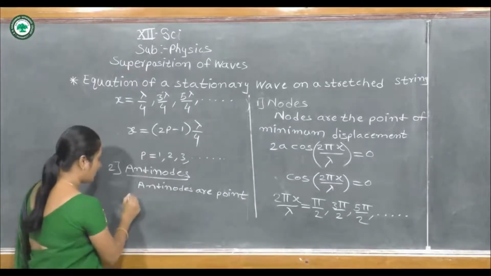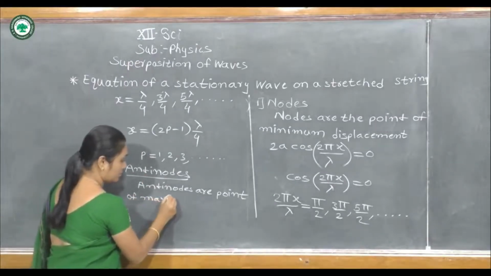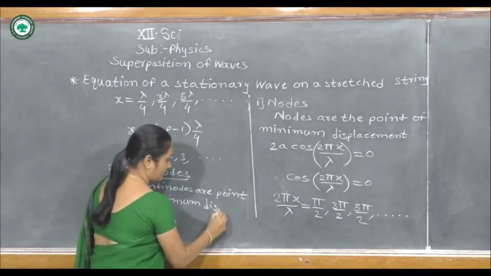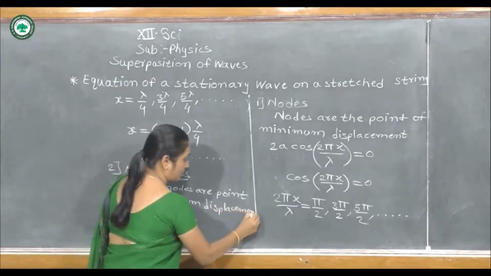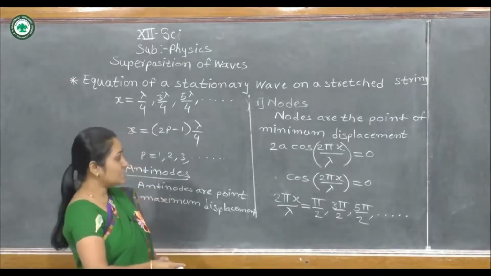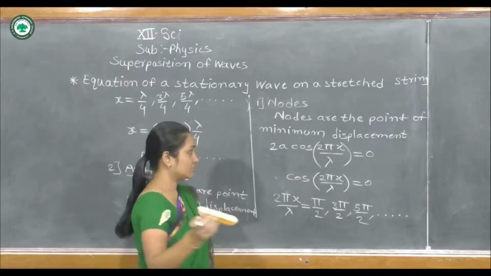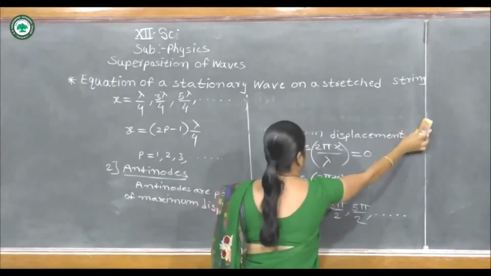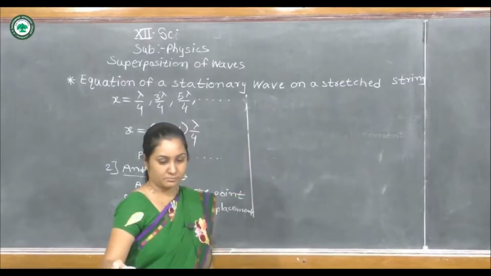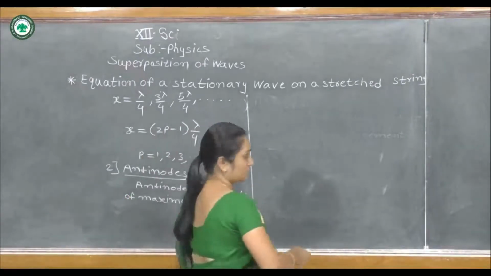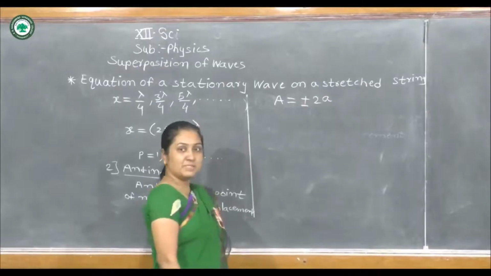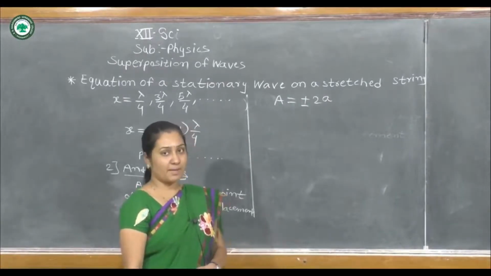Now we can consider the maximum displacement is equal to A, so the maximum displacement is A equal to plus or minus 2A.